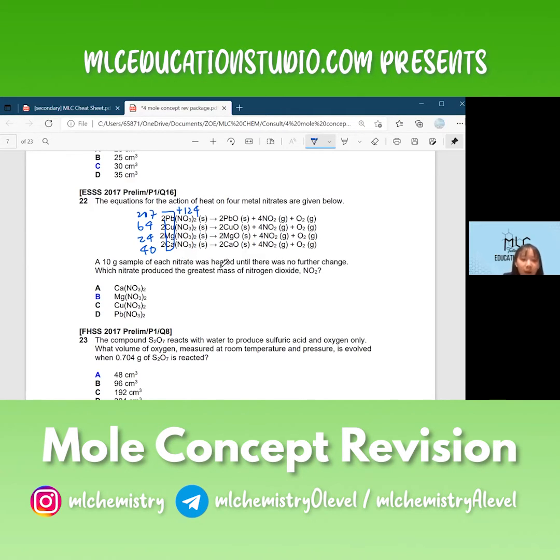All of them are 10 grams. The mass is the same. Number of moles equals mass over MR. So if your mass is constant, you can just ignore it. The lower the MR, the higher the number of moles. Of course, you can spend more time calculating all the number of moles, but the faster way is to look at which one is the lowest MR, which means highest number of moles, to produce the greatest mass of NO2.